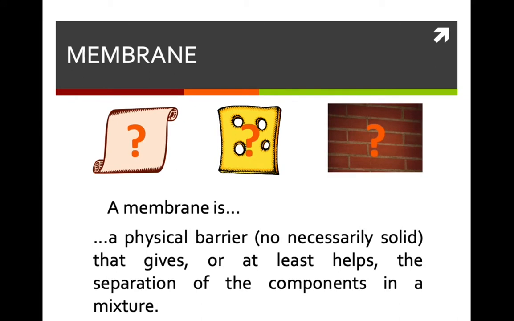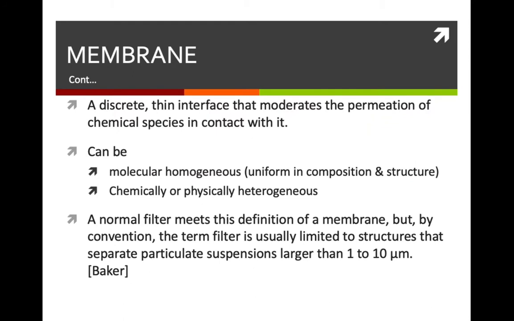So a membrane is basically a discrete or thin interface that moderates the separation or the permeation of chemical species in contact with it. The membrane itself can be molecularly homogeneous, the pores are homogeneous, or chemically or physically heterogeneous. It can be separations, it can be combinations. So what is the difference between membrane and filter?